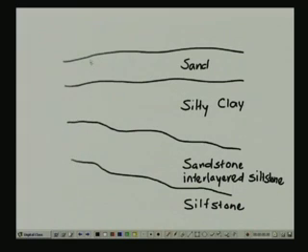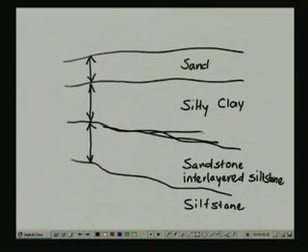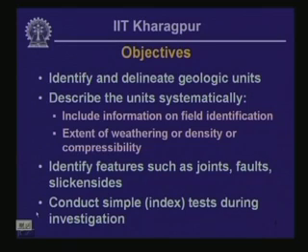So we not only want to find the thicknesses of individual units, we also want to find the slope of these units. If you recall, this slope is called the dip of these interbeds or interfaces. So this is one of the things that we want to find from a subsurface investigation.